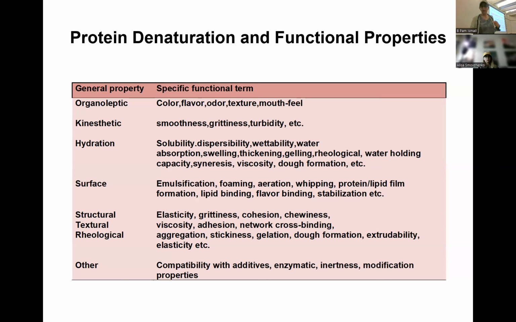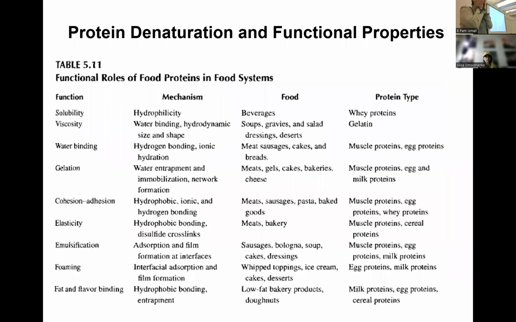Then this is a very old table. I've been trying to find something newer and nicer to show. And as you can tell, all of the proteins are animal-based proteins, so this is really old. We should have a new textbook or book that includes the plant proteins that are emerging.